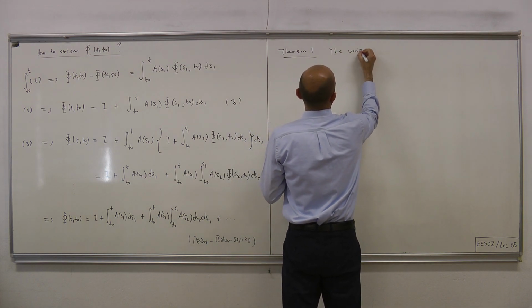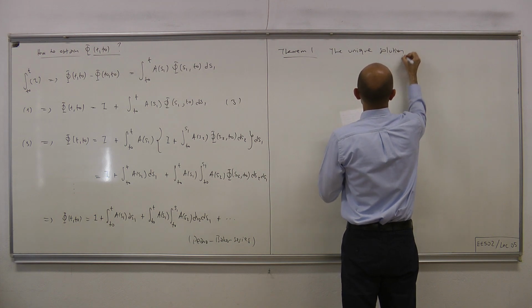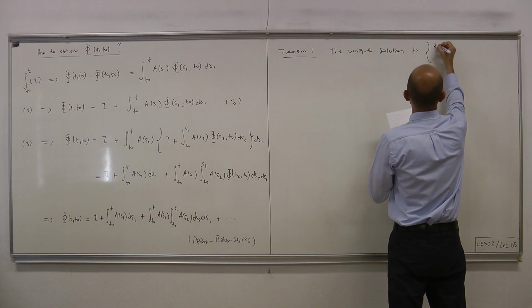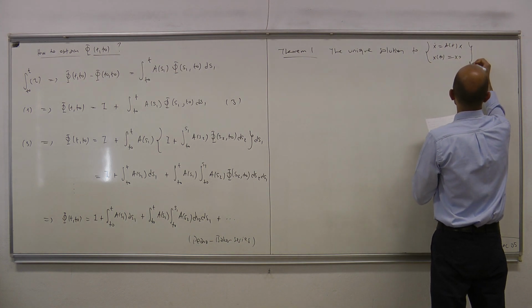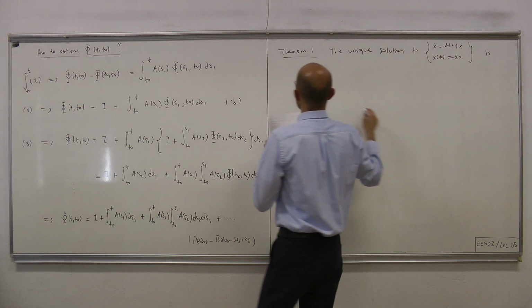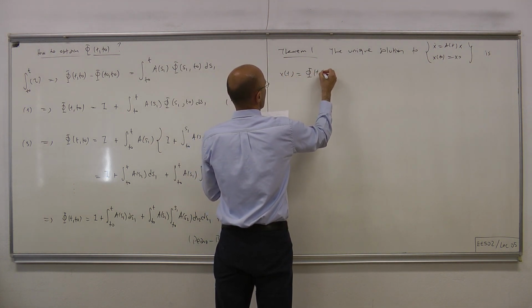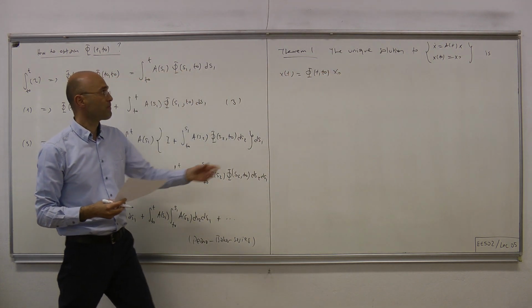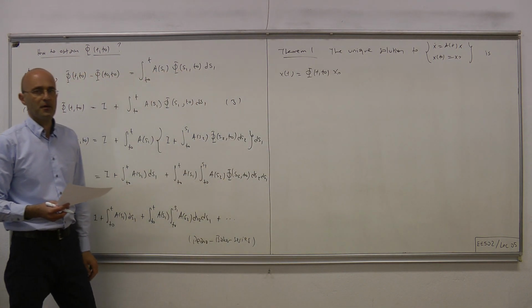The unique solution to x dot equals A of t x, x of t0 equals x0, is x of t equals phi t t0 x0, where matrix phi is constructed through the Peano-Baker series.